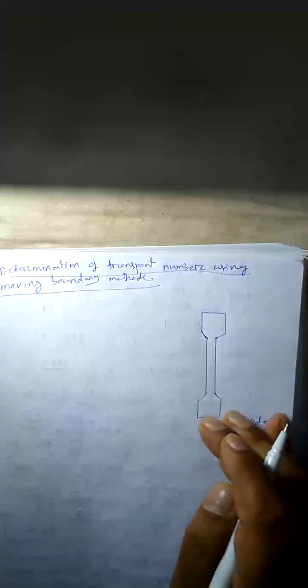Anode is always present at the bottom, and cathode is present at the upper end of the tube.